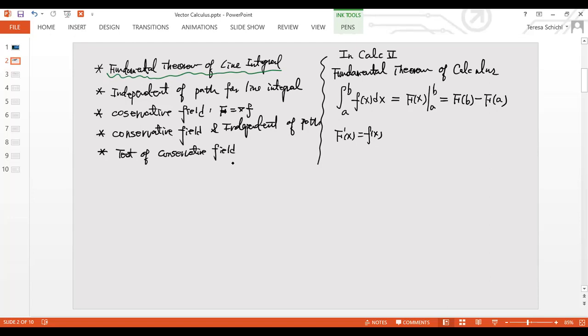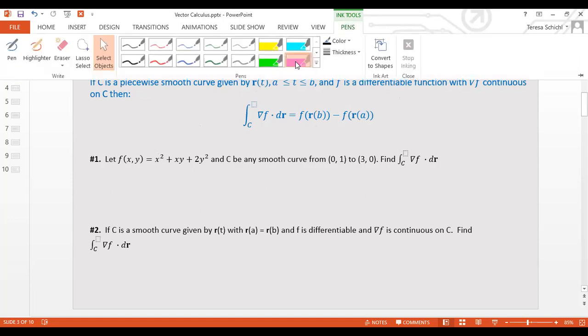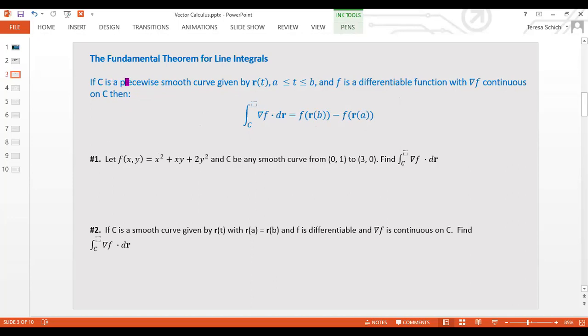So what is the theorem of the line integrals? It's the same idea, okay? Let's take a look. This is my definition of the fundamental theory of the line integrals. Let's say C is a piecewise smooth curve, which means C is a smooth curve that can be a combination of several curves.